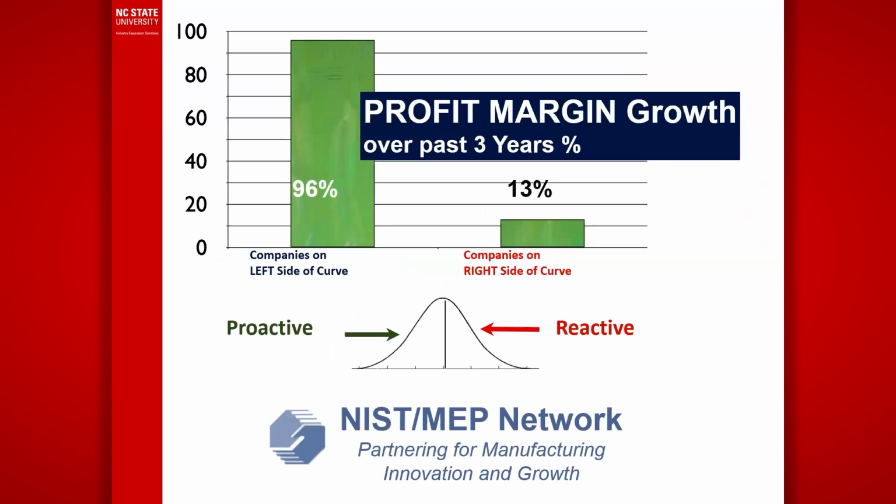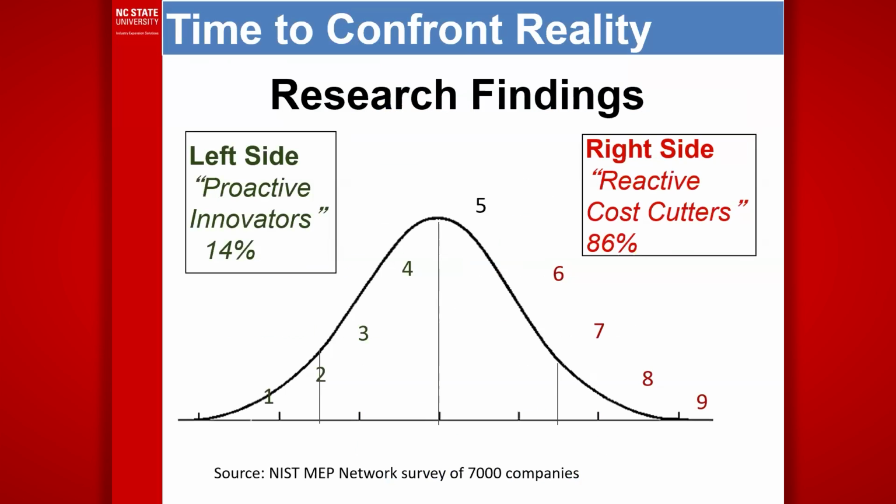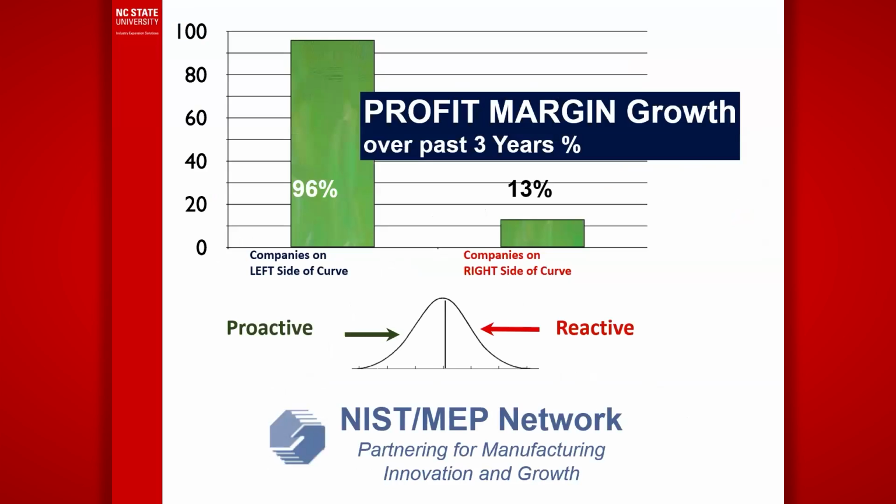But we asked a question of people: what are your profit margins? How much growth have you seen in profit margins the last 3 years? And for the 14% that were on the left side of the curve, 96% of them said they had seen profit margin growth.